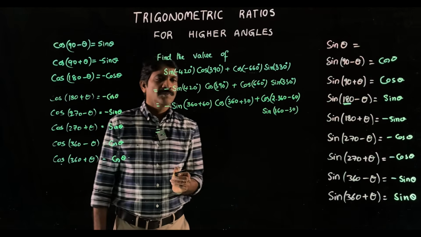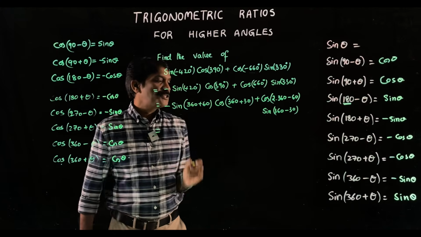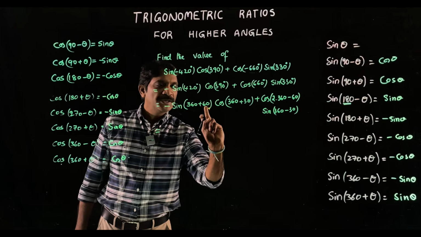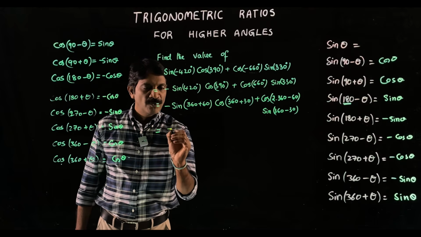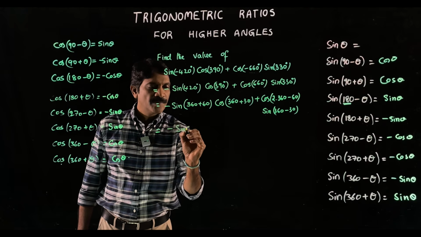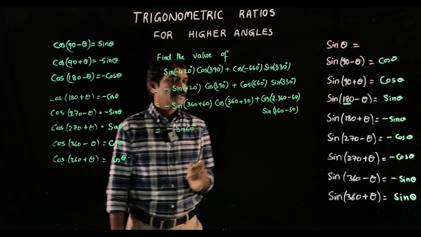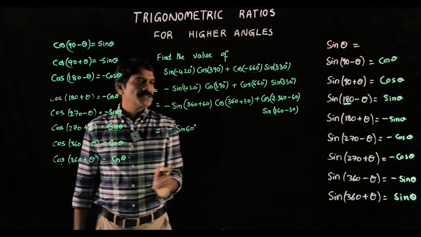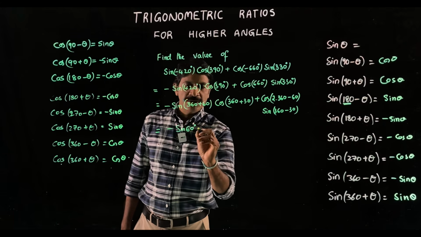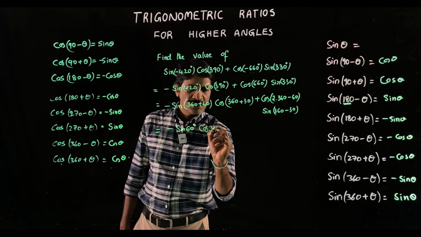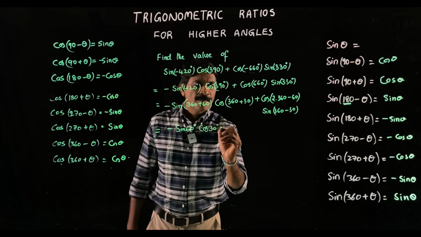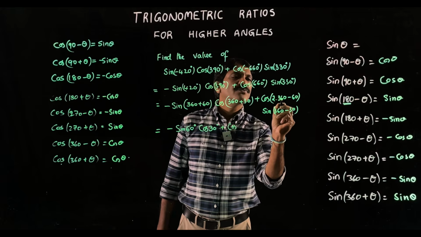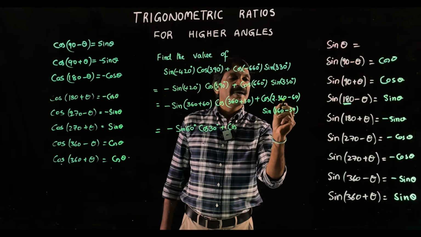This is like sine 360 plus theta, which is sine theta only. In the place of theta we have 60, and before that we have minus, so minus sine 60 degrees. Cos 360 plus theta is cos theta. In the place of theta we have cos 30 degrees. So cos 30 degrees plus, let us write this cos in terms of n pi by 2.